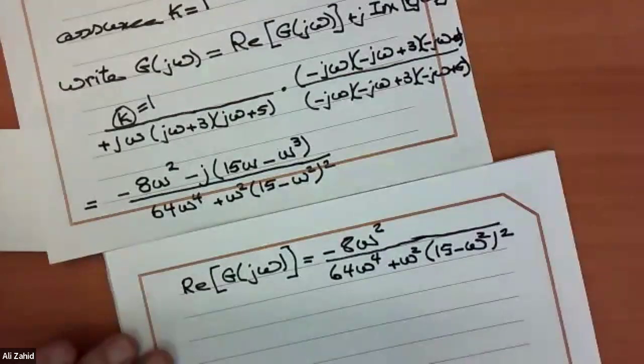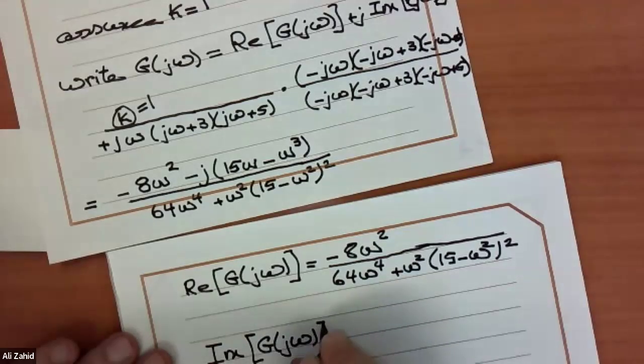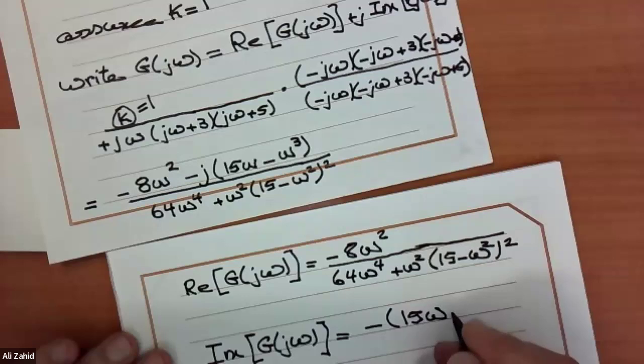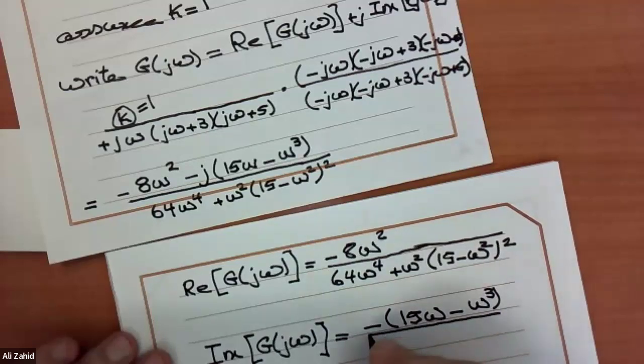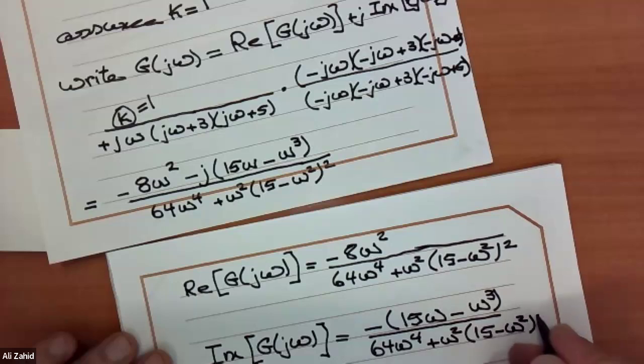And what is the imaginary part? Minus 15 omega minus omega cubed over 64 omega to the 4 plus omega squared times (15 minus omega squared).